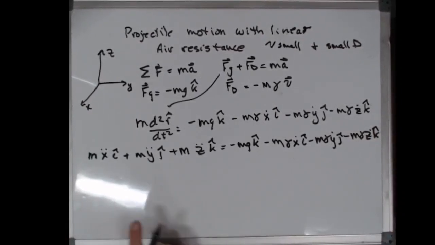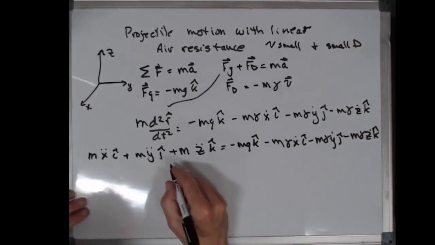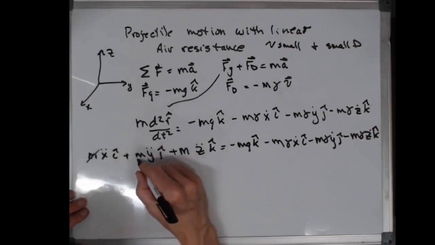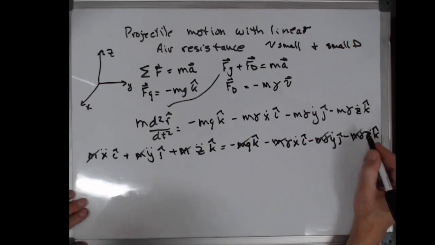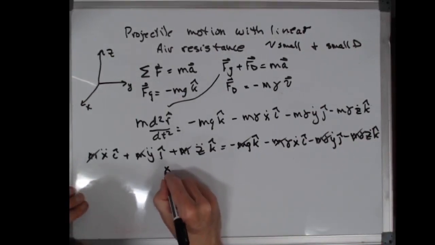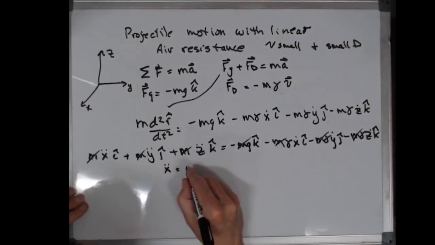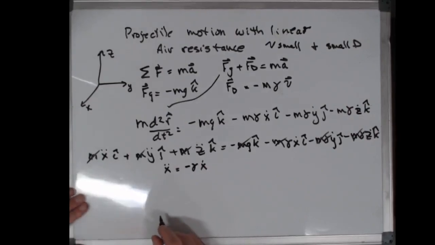That's a lot. And now I can just split them all up into x, y, and z components, right? And this gives me, and cancel all the m's. Notice I can just go through each one of these and get rid of an m. Has to happen to all of them. And so this gives me x double dot is equal to minus gamma x dot.